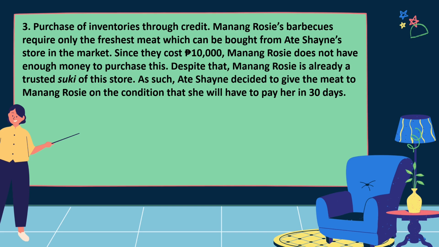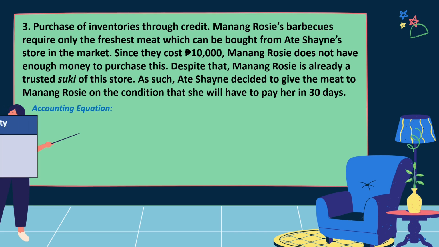Despite that, Manang Rosie is already a trusted suki of this store. As such, Ate Shane decided to give the meat to Manang Rosie on the condition that she will have to pay her in 30 days. Bumili si Manang Rosie ng meat through credit from Ate Shane.